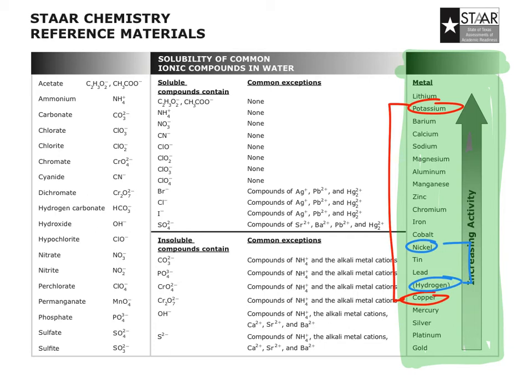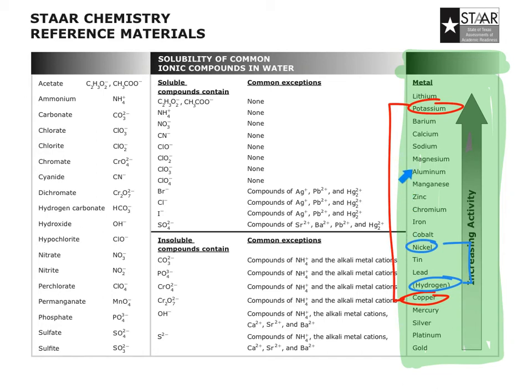Okay, so when I look over here, I see neither one of those on this list. Okay, so think about this for a second. In our activity series list, I see aluminum.